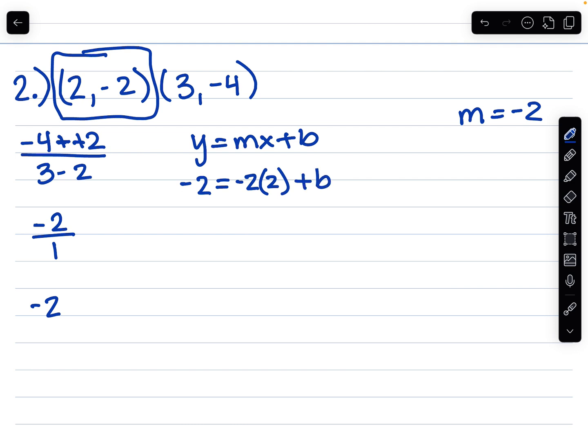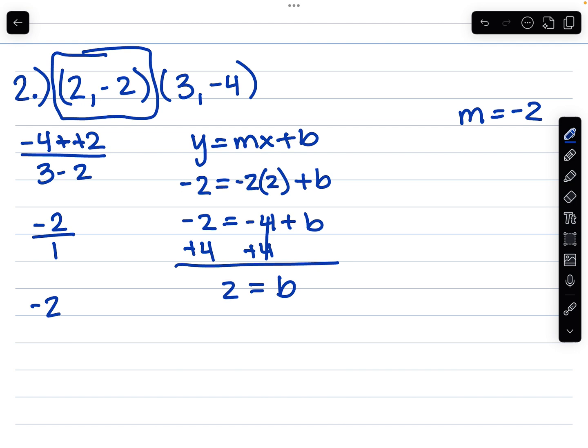Okay. All right. Dylan, what's my next step? Multiply -2 times 2. And what do you get? -4. Okay. And then Angie, my last step to get b by itself? Add 4. Add 4. And what value would we get for b? 2. +2. Good.